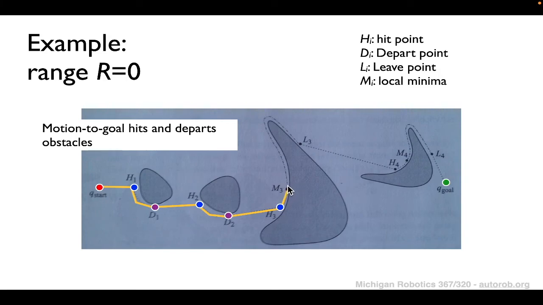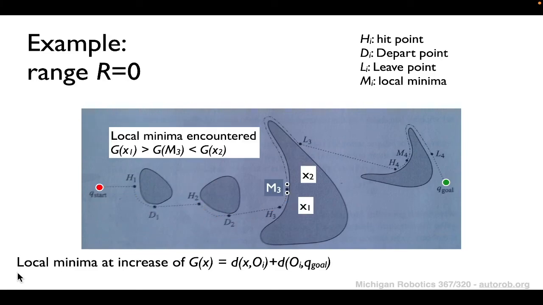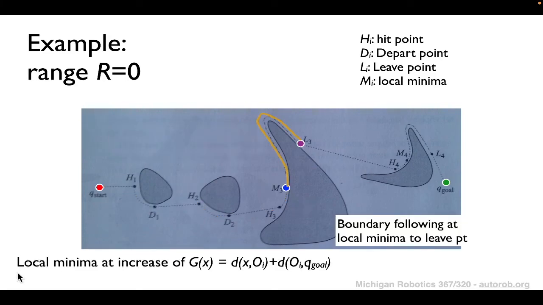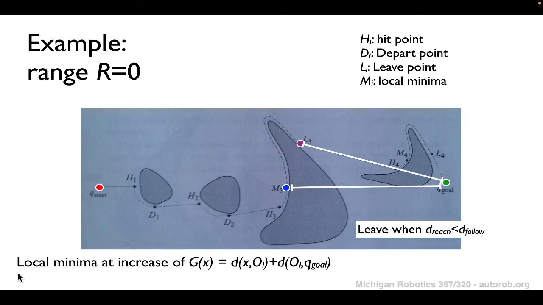But the algorithm is going to continue wall following until it reaches the condition where D reach is less than D follow. To illustrate, this path here shows this continued boundary following because it's in a local minimum. The breaking condition, or what causes this local minimum to be exited, is shown on this slide here.